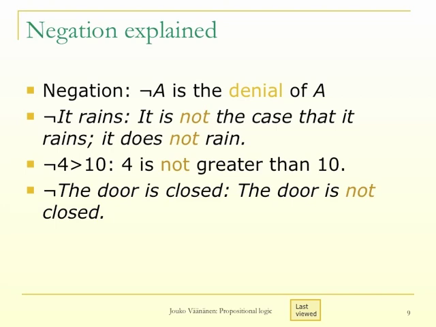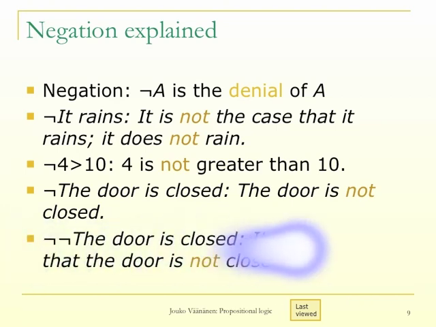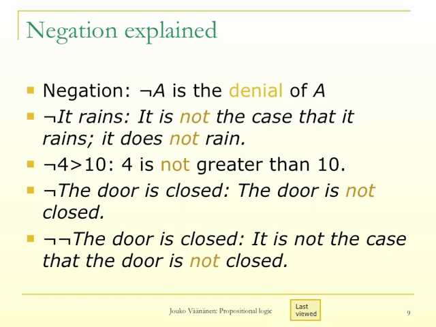Note that the negation of "negation, the door is closed" is "negation, negation, the door is closed". If we denote "the door is closed" by P0, then "negation, the door is closed" is negation P0, and "negation, negation, the door is closed" is negation, negation P0.